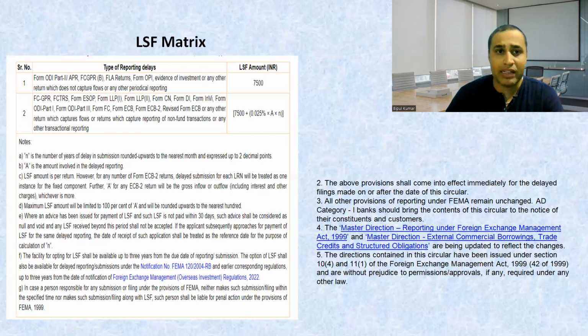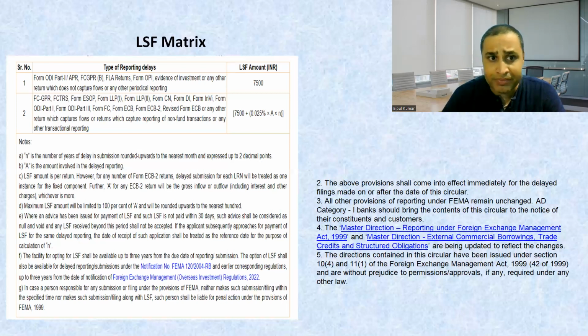So these are the LSF matrix. Under this matrix, the amount imposed as late submission fee differs for returns which capture flows and which do not capture flows.